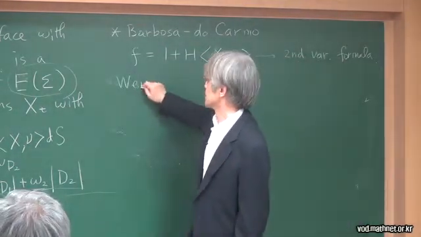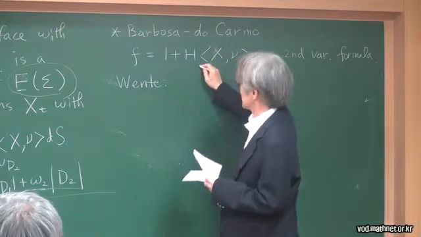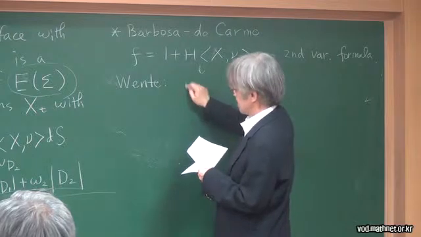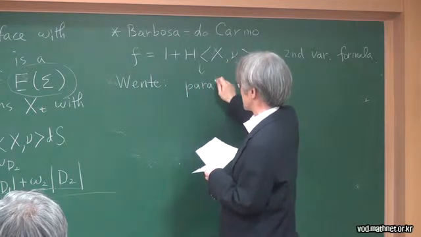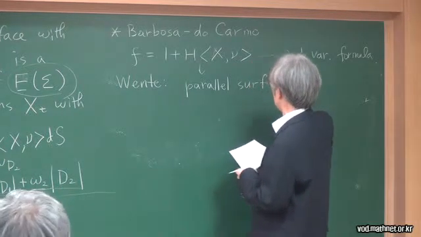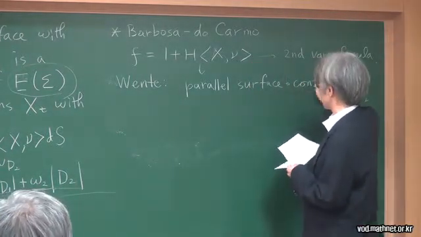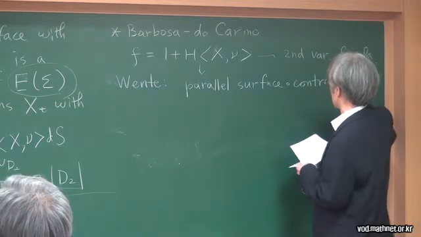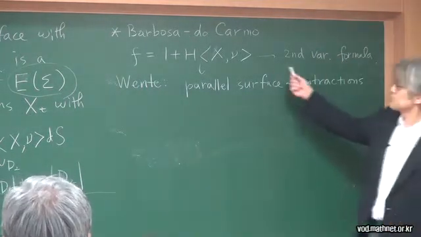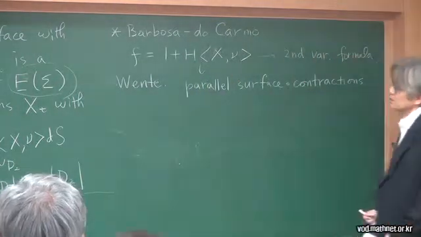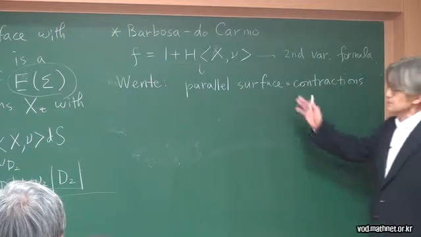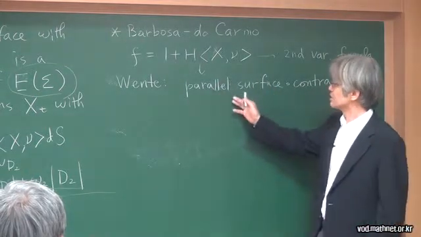And he found that this variation comes from parallel surfaces followed by contractions. So this seems to be a strange variation function, but it is geometrically very simple.